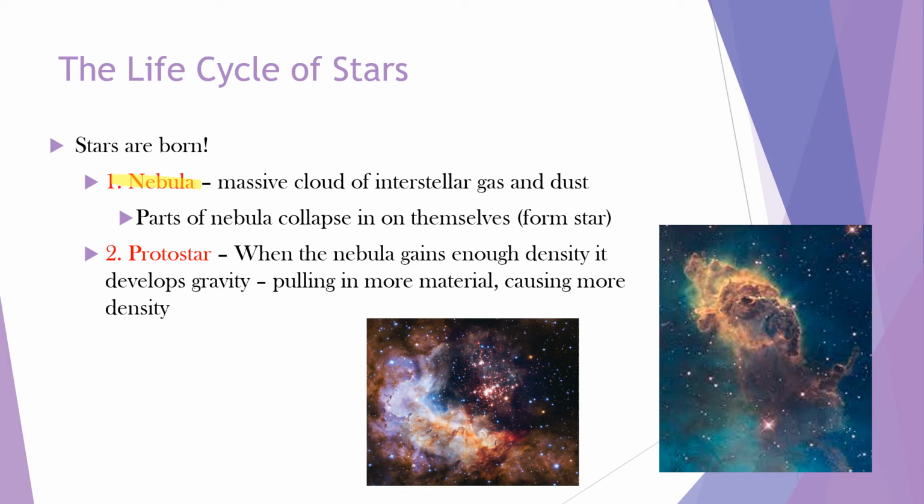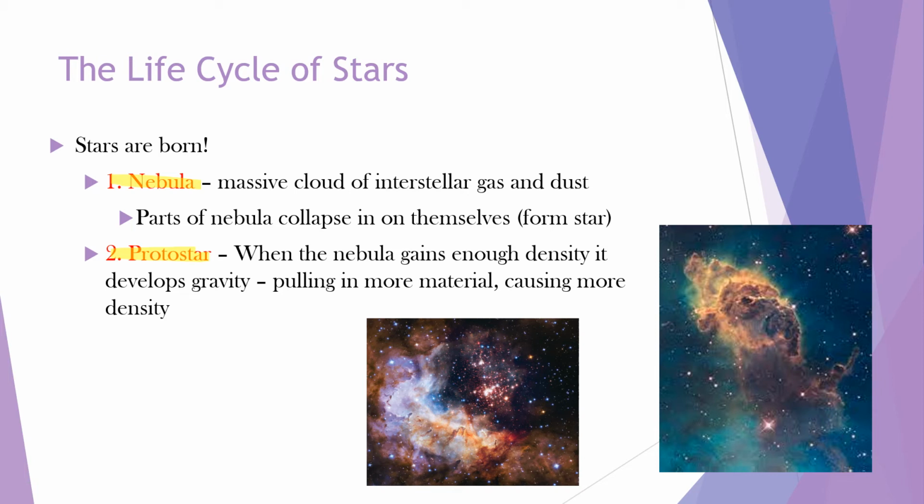When enough of this material collapses in on itself, this starts to form something called a protostar. So when the nebula gains enough density, it develops gravity. So once gravity has been developed, this pulls more and more and more material in, which then causes a greater density. Okay, so the gravity causes the gases and the dust and the material to collapse in on itself further.